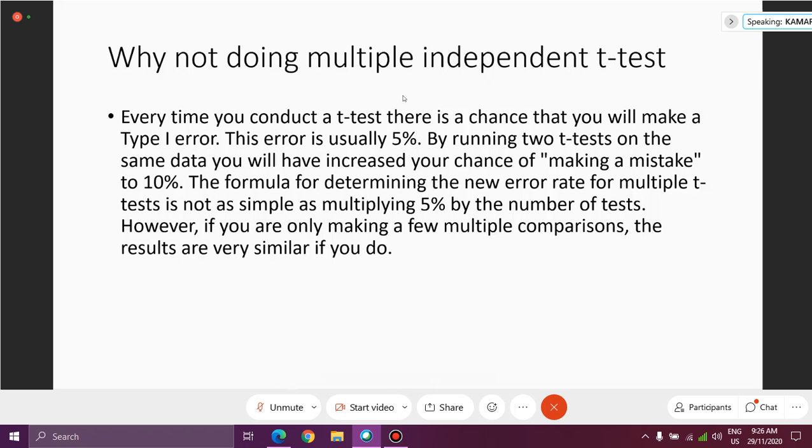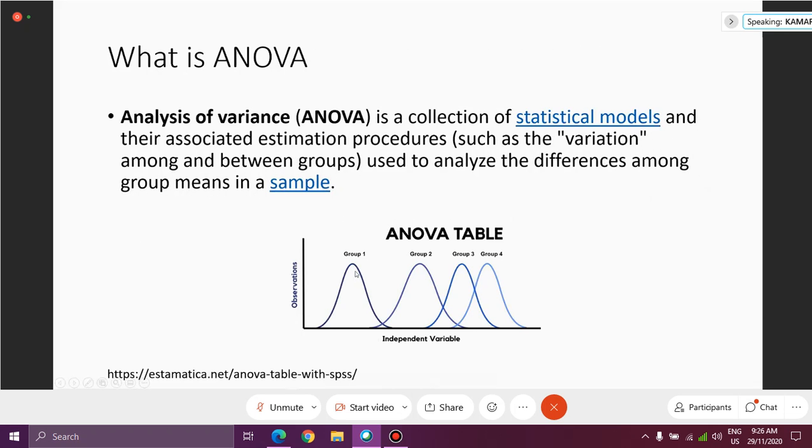One time you have 5%, twice you have 10%, three times you have 15%. It means that the more comparisons you make, the bigger the error you are going to commit. This is the problem of why we don't compare between 1 and 2, 2 and 3, 3 and 4, because every time you do that, you will have type 1 error.